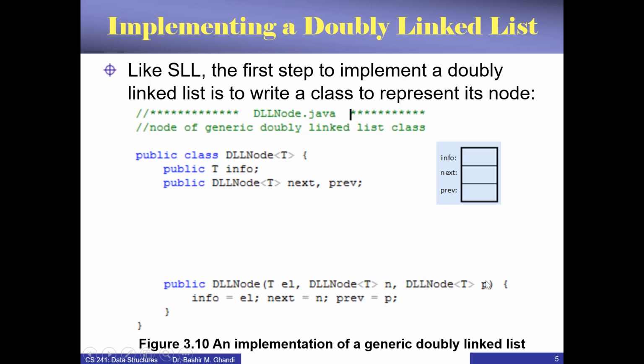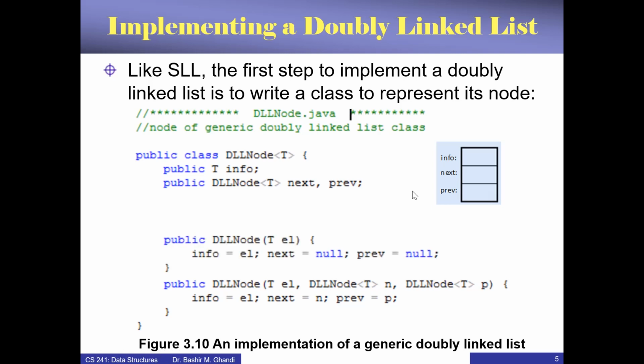What do we do with these three arguments? We use them to initialize our instance variables. So info becomes element, next becomes n, and prev becomes p. This is essentially what constructors always do: initialize the instance variables.